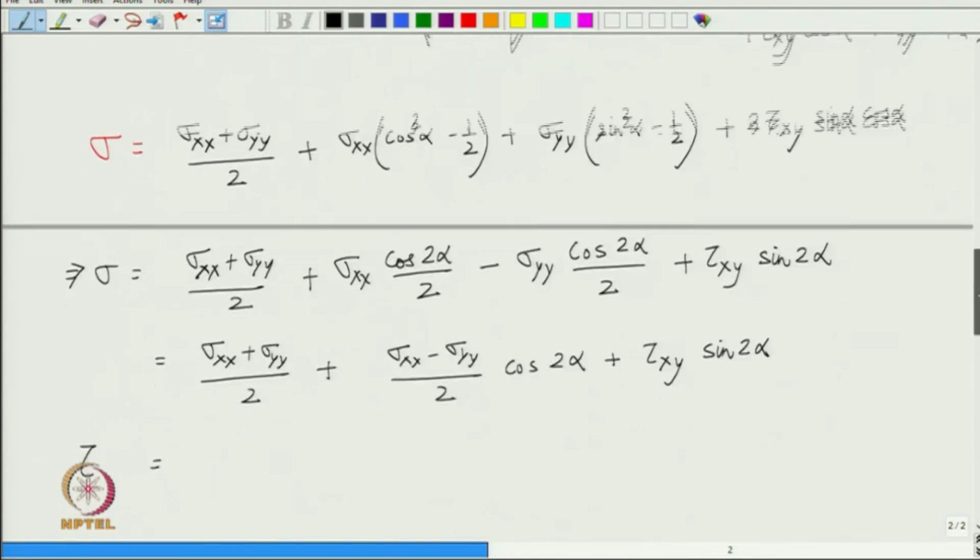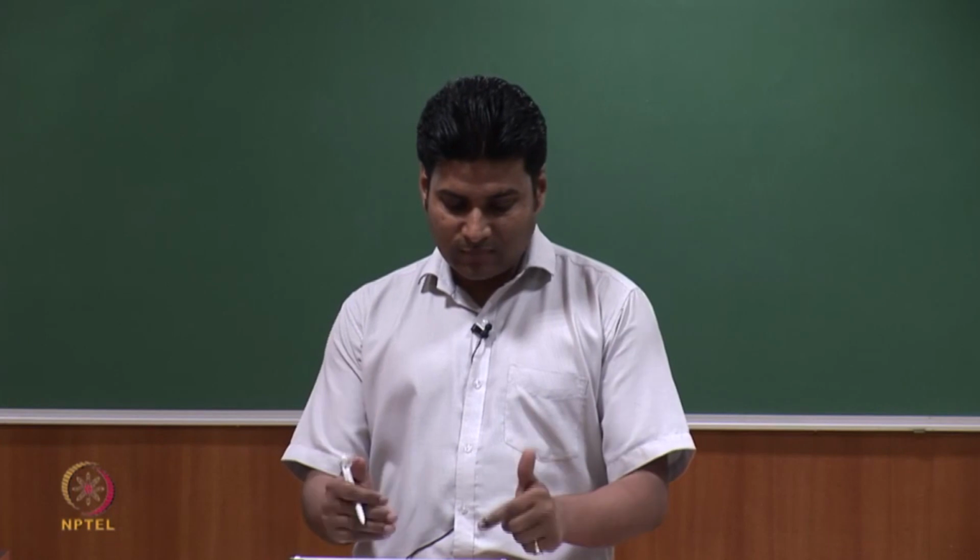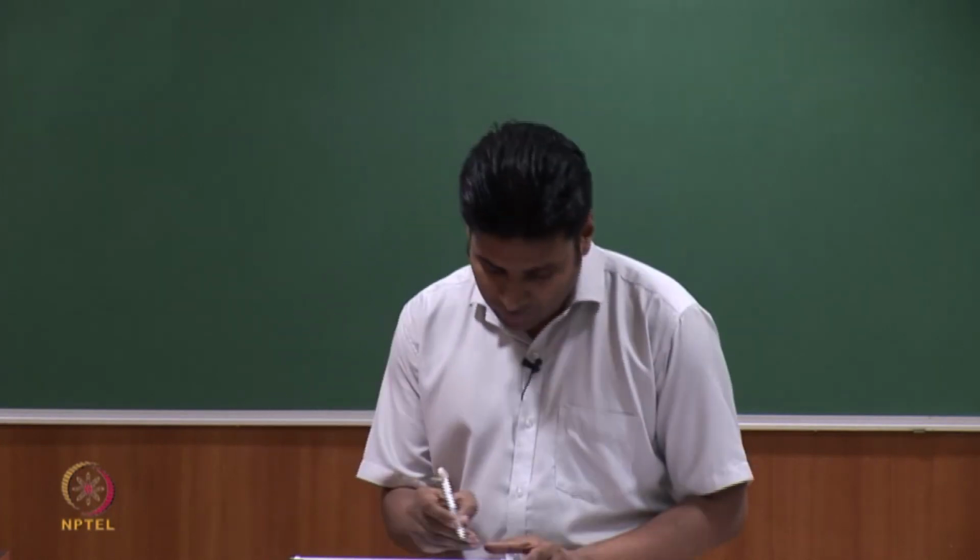So, finally, you have tau equal to minus of sigma x x minus sigma y y by 2 times sin 2 alpha plus tau x y cos 2 alpha.